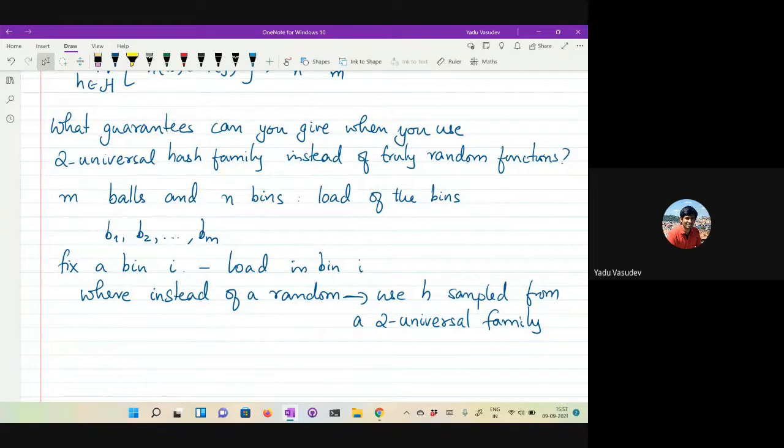Say you use a pairwise independent hash family. Instead of 2 universal, say use a pairwise independent hash family. What can you say about the load? The expected load, for instance. What is the expected load in bin i?